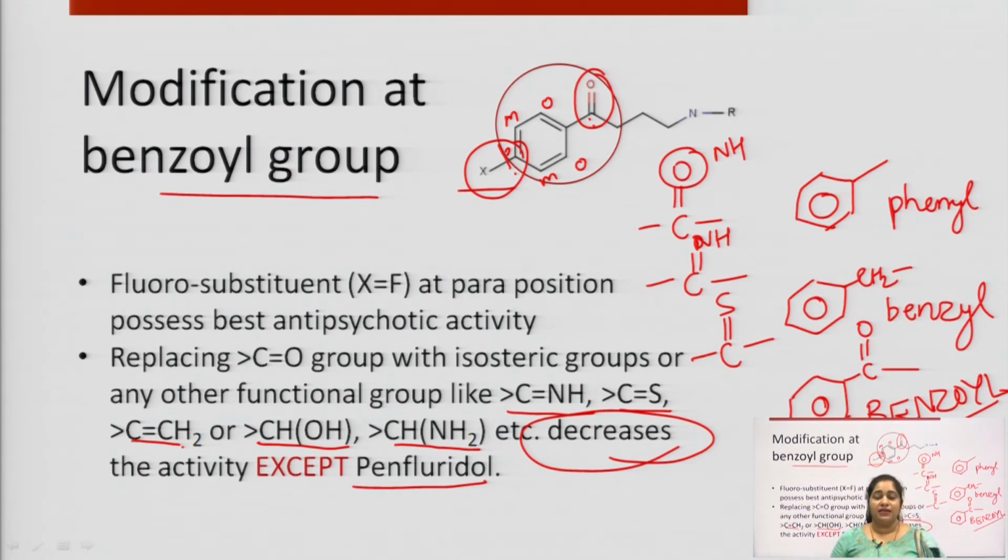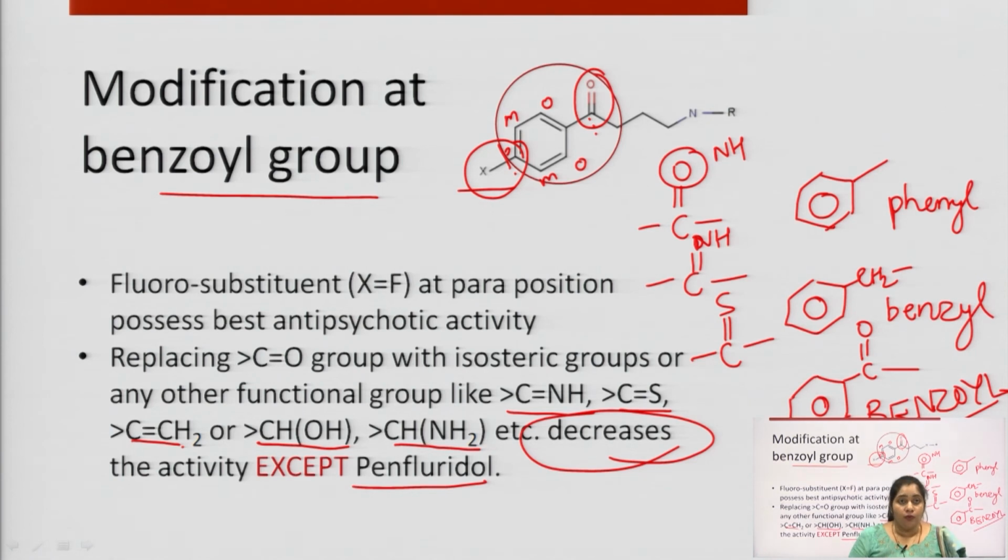And if we try to replace this carbonyl group with any isosteric group, as we have already mentioned, C double bond NH or C double bond S or C double bond CH2, either of them will decrease the activity.